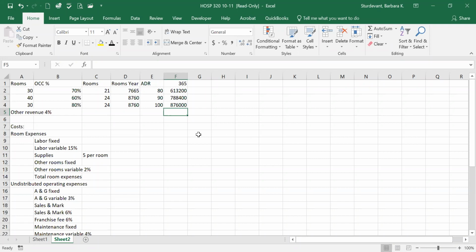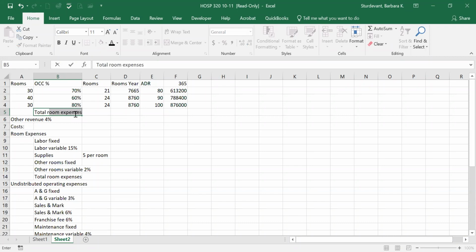And so we probably should total those because our expenses are based on room sales. So those will be our room sales.